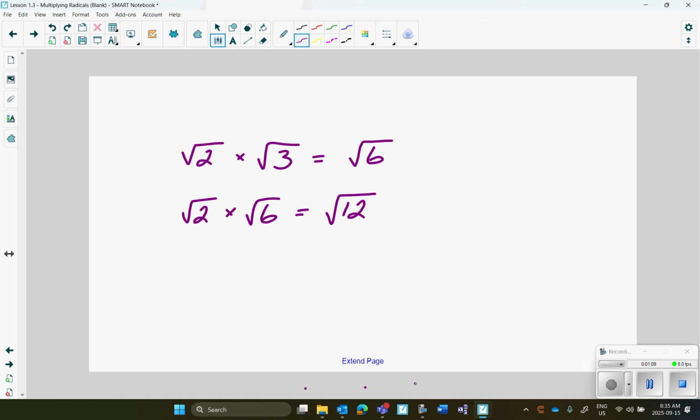Remember, when we deal with radicals, if you can simplify it by finding the highest perfect square, do it. Highest perfect square that goes into this? 4. And 4 times what is 12? And therefore this becomes 2 root 3.